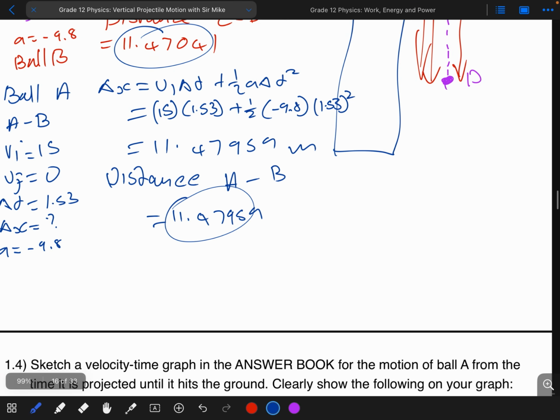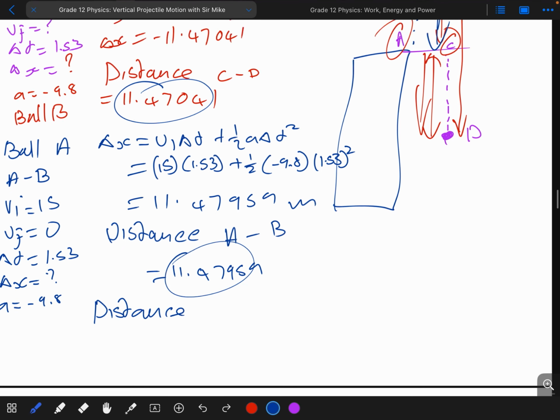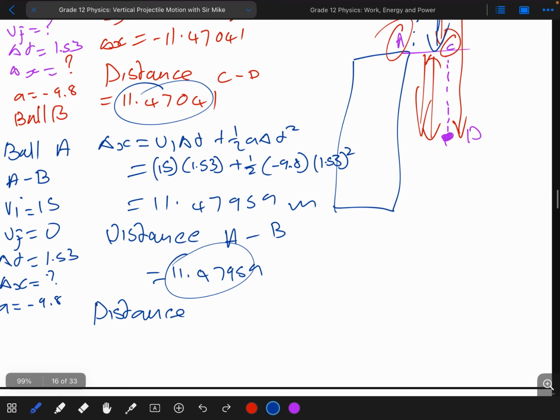So what I'm going to do is say the distance between point B and D will simply be equal to 11.47959 plus 11.47959.